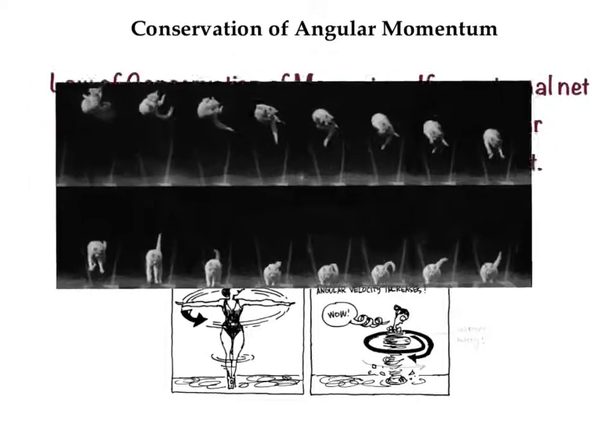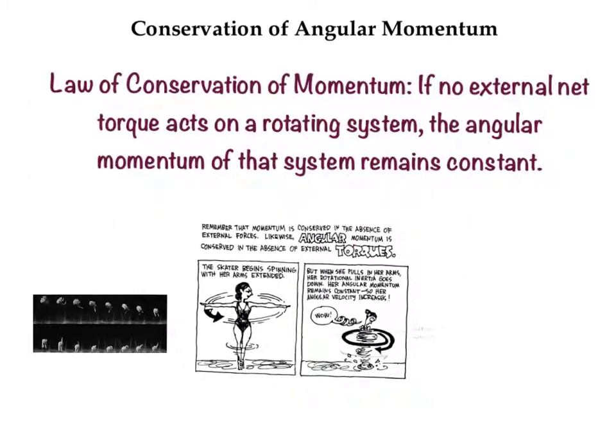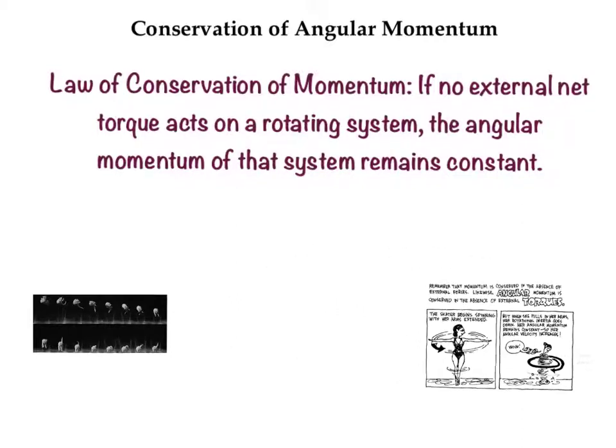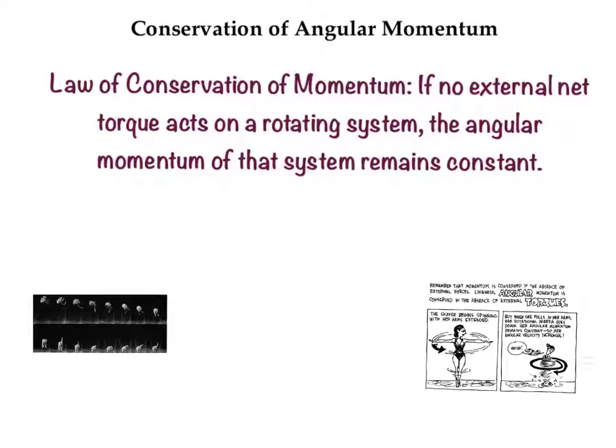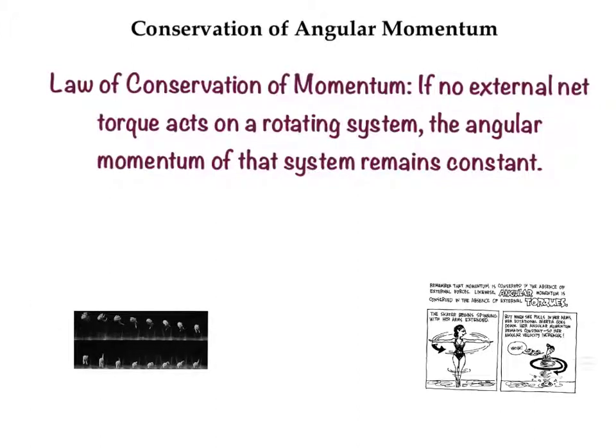We can also see the law of conservation of angular momentum in the motions of planets and the shapes of galaxies. It's really fascinating to note that the conservation of angular momentum tells us that the moon is actually getting further away from the Earth.